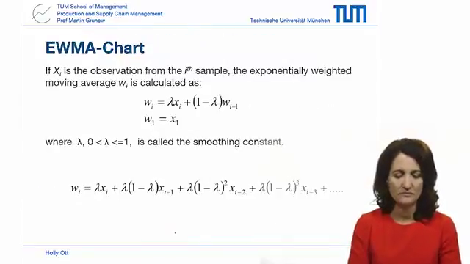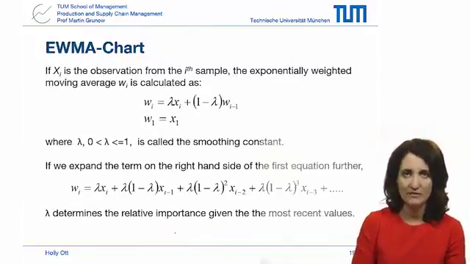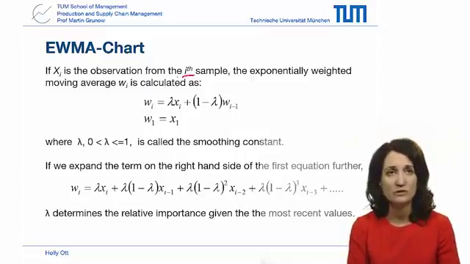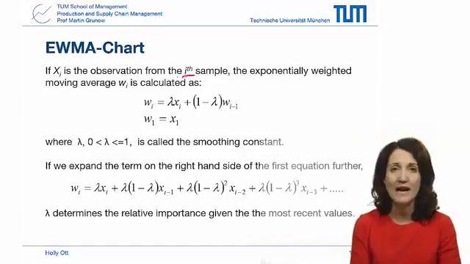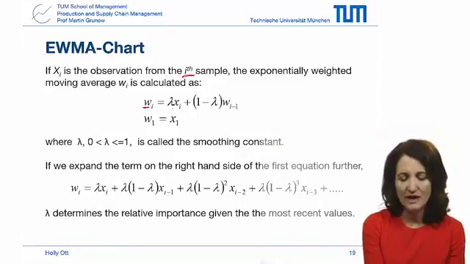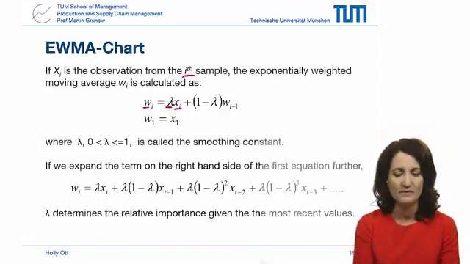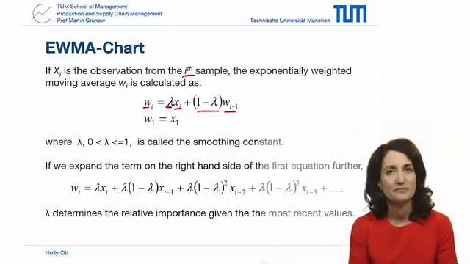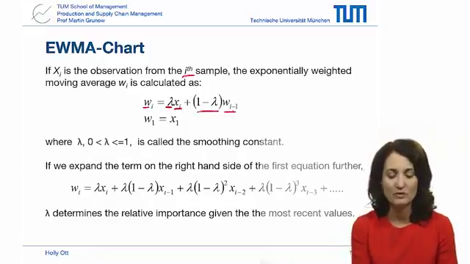Now, if we have xi as the observation from the ith sample, then what we can do to create an EWMA chart is to calculate a weighted moving average, an exponentially weighted moving average, which I've denoted here by W, as lambda, a constant lambda, times that value, plus 1 minus lambda times the previous value, or the previous weighted value in this case.